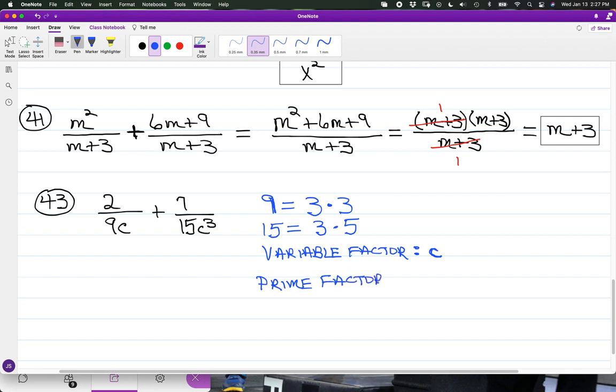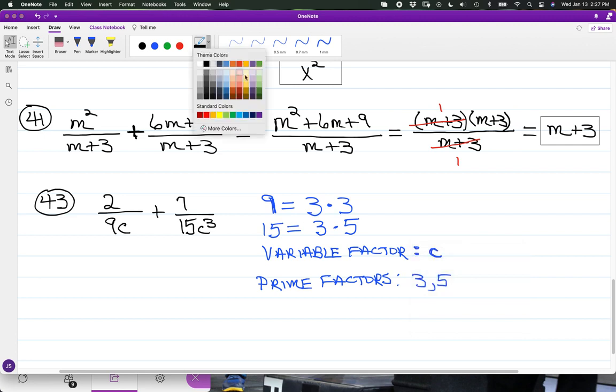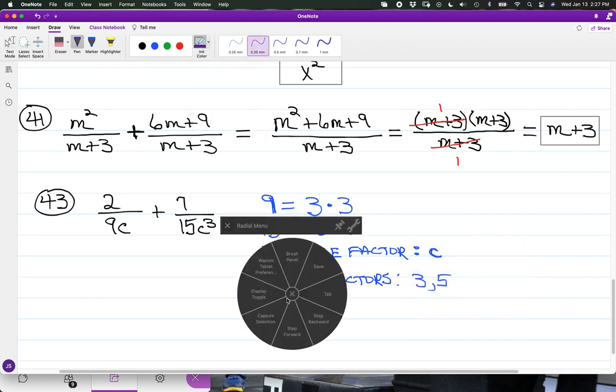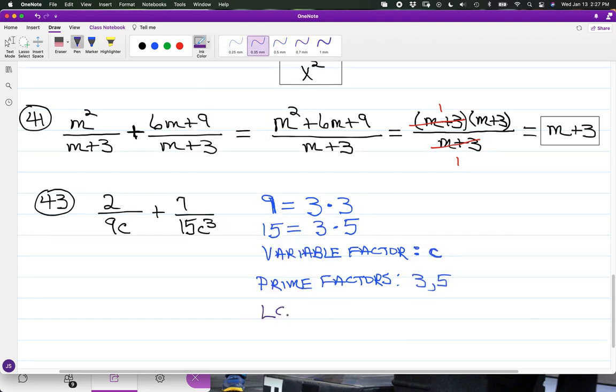Now for the prime factors, we have 3 and 5. For the least common denominator, 3 appears once from 15, but it appears twice from 9. So you're looking at the highest degree, the greatest number of appearances of each of the prime factors.